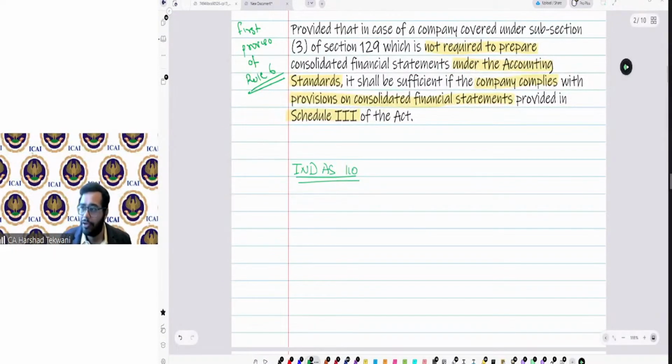Again, now when I talk about Ind AS 110, it has exemption with respect to the consolidated financial statement.